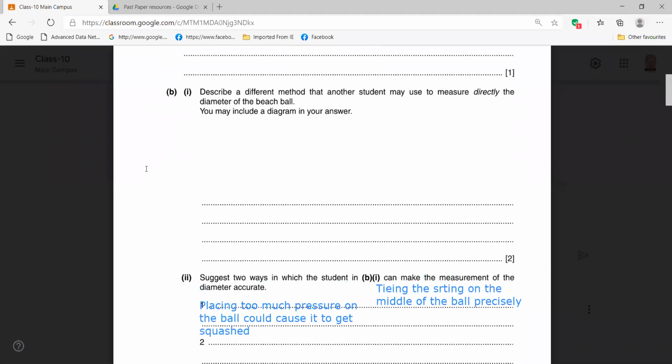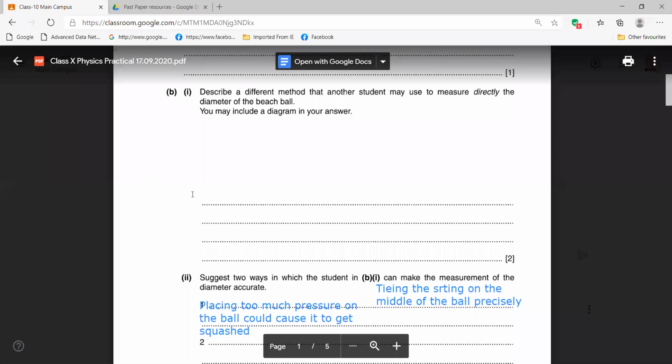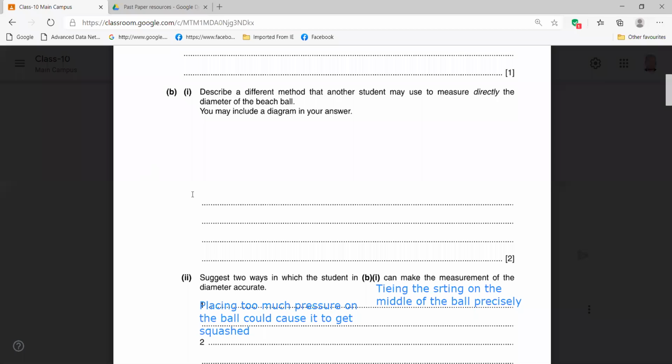Now next, B1. Ziba. Hello, Ziba. Read and tell us the answer. Describe a different method that another student may use to measure directly the diameter of the beach ball. You may include a diagram in your answer.